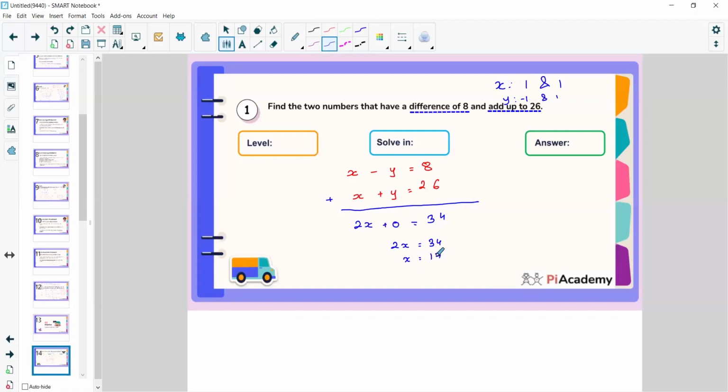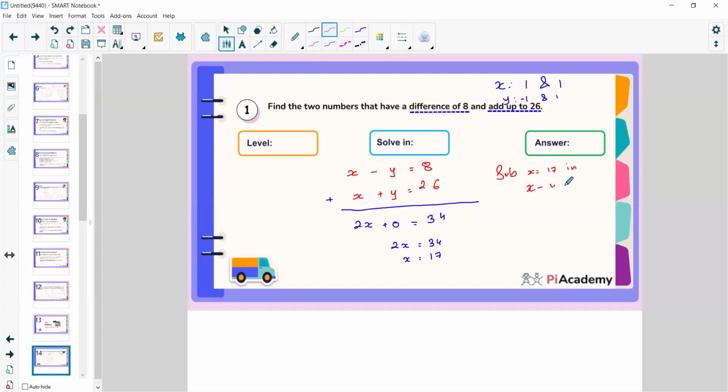Now, how can I find the value of y? You need to subtract 26 and 17. Right? So basically, I'm substituting 17 in any one of the equations. So what we will do is, we'll substitute x equals 17 in, let's say, the first equation.